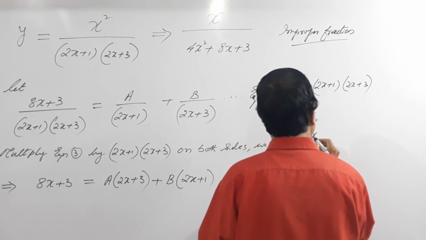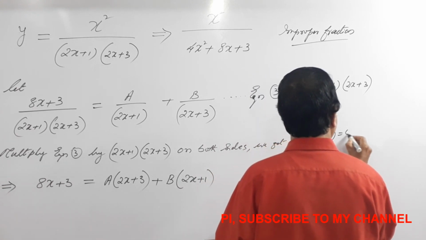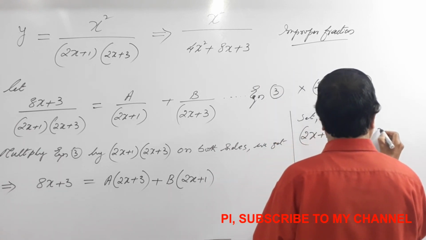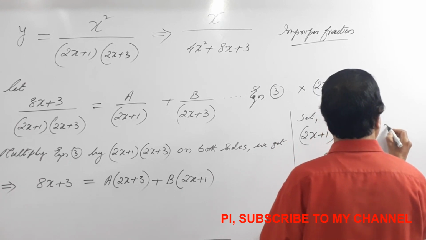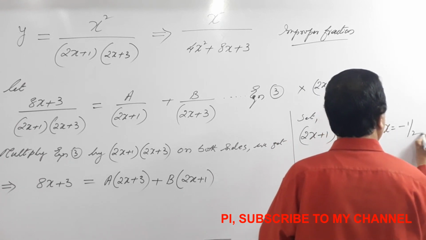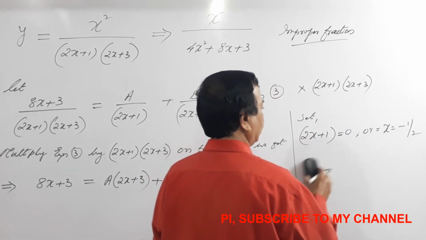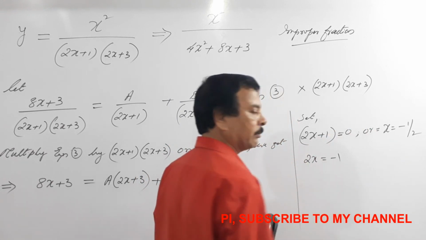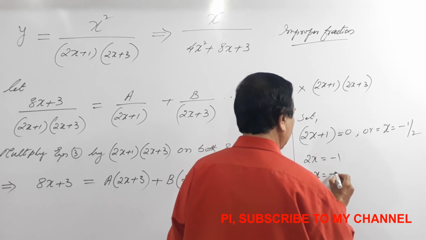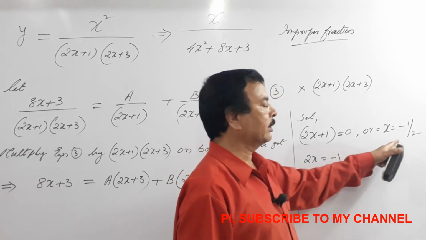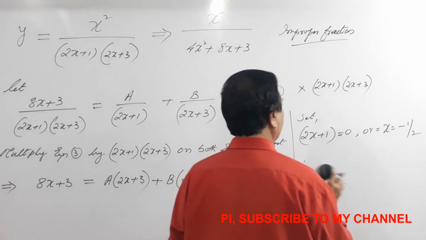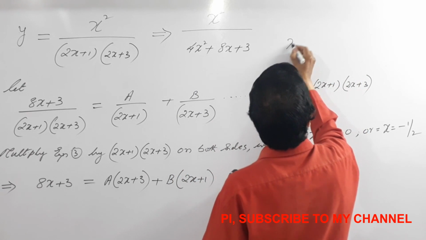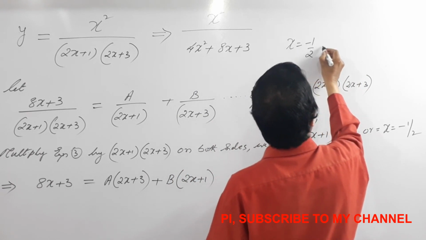Set 2x plus 1 equals to 0, or x equals to what? x equals to minus half. What happens here? I'll show you. This is 2x. When you send this to the right hand side, it becomes minus 1, and x equals to minus 1 by 2. So therefore x will be minus half. Done. First case, x equals to minus half.